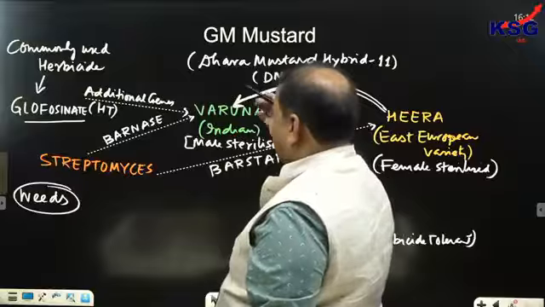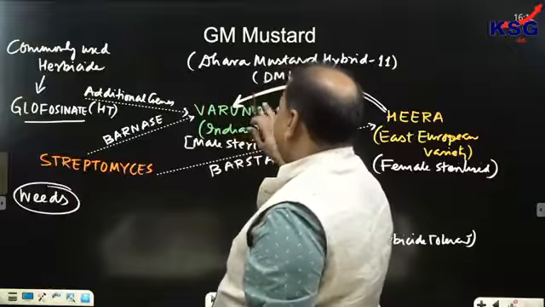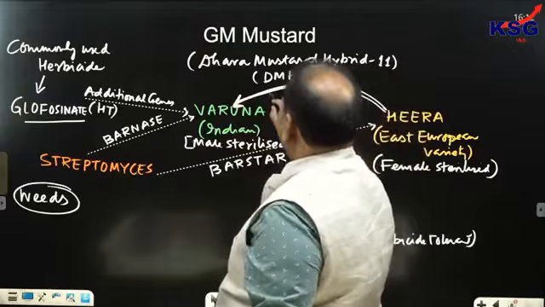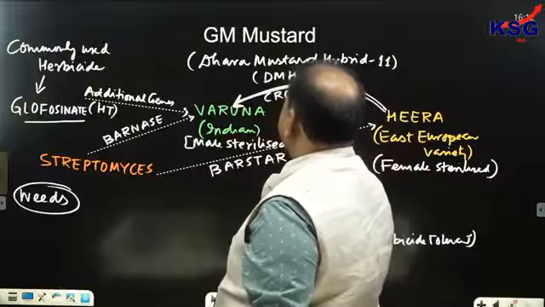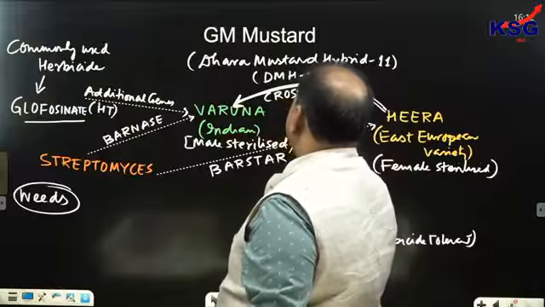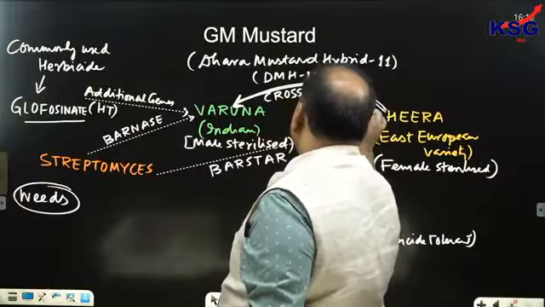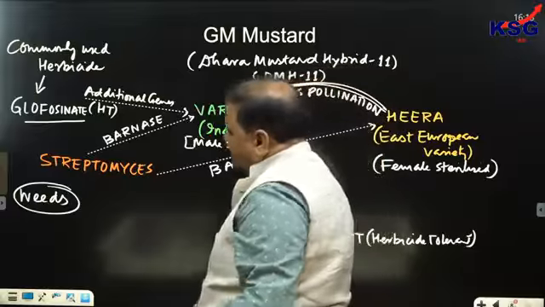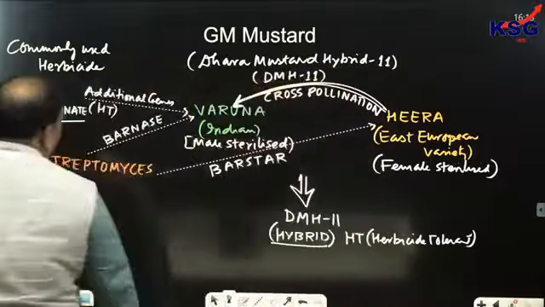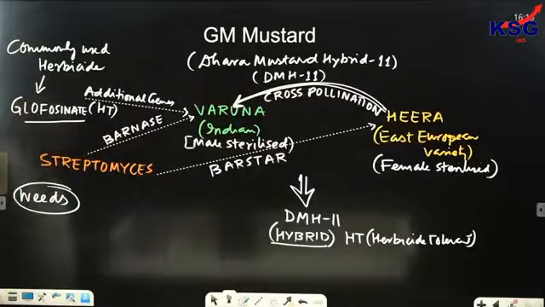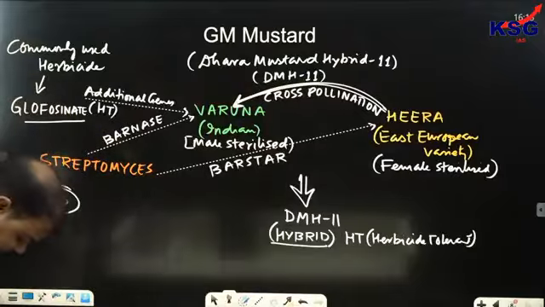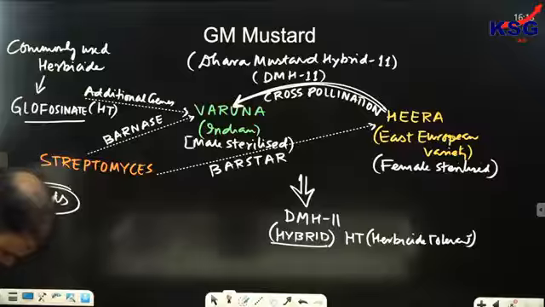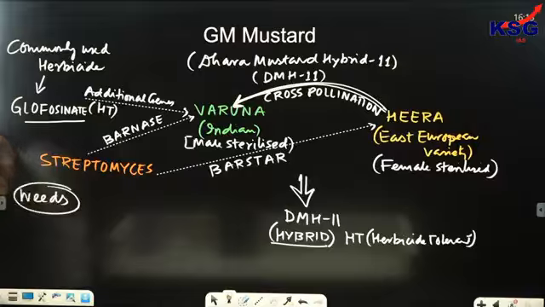Here we have a self-pollinating crop, and now we have genetically altered it for cross-pollination. As such, a hybrid variety of mustard is not easily possible.